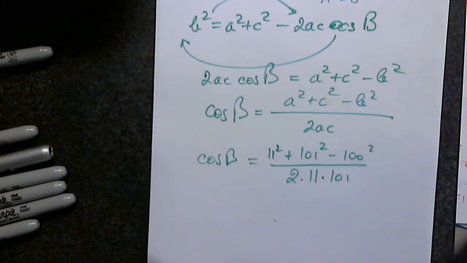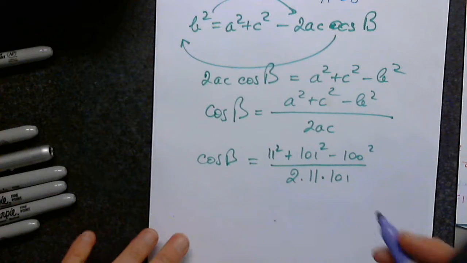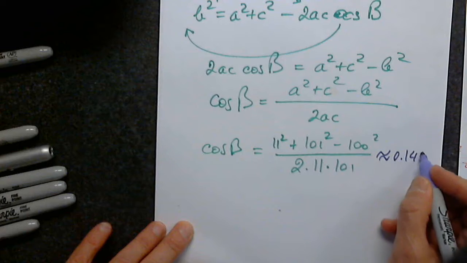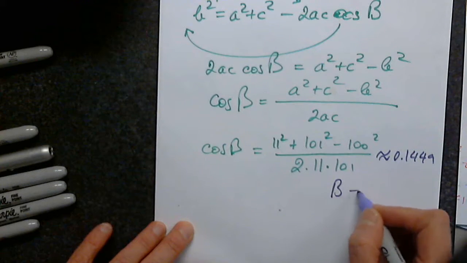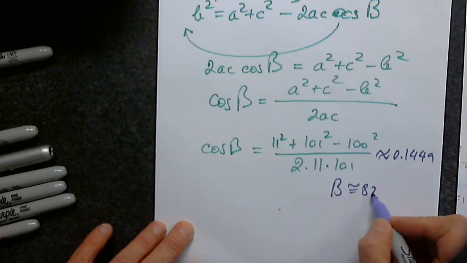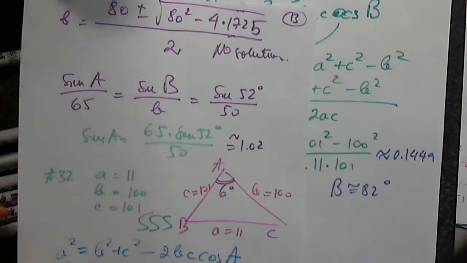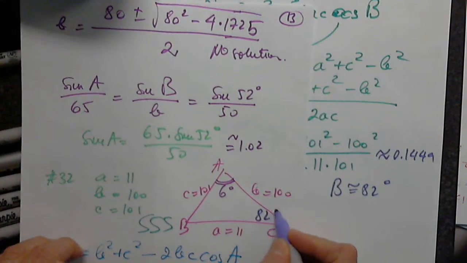So I'm looking for cosine inverse. So it's roughly 82 degrees. So this was approximately 0.1449. So then B equals approximately 82 degrees. So now I do have all sides and all angles, because angle B is 82 degrees.